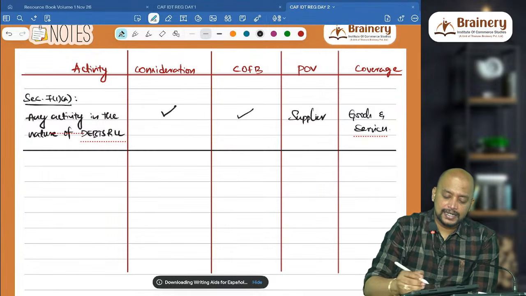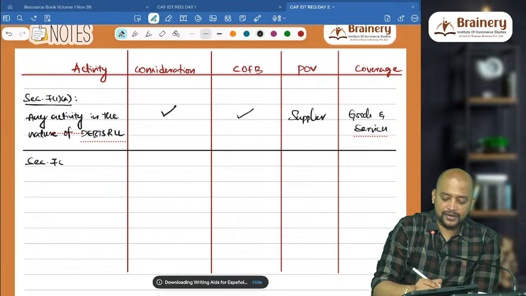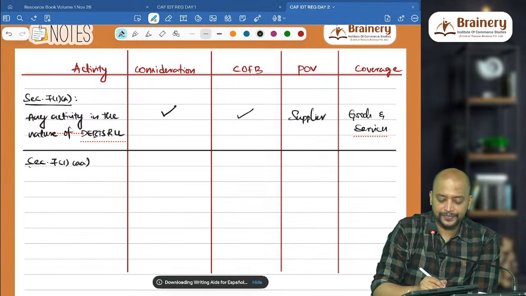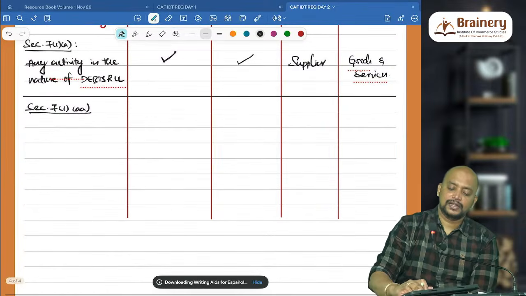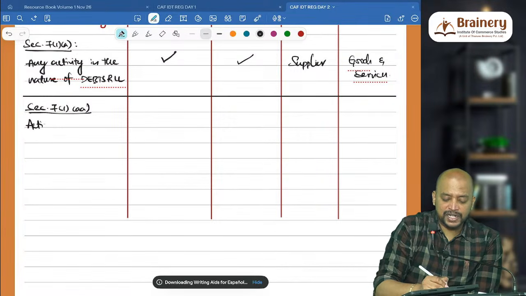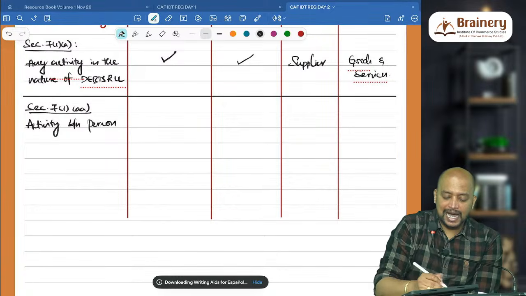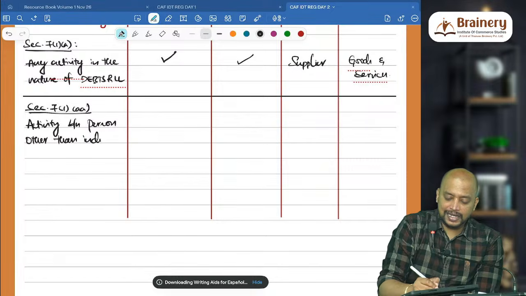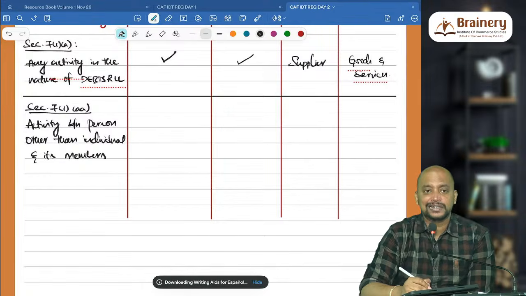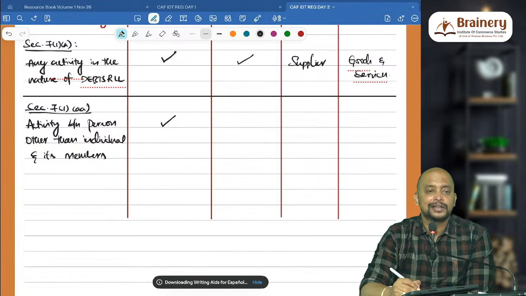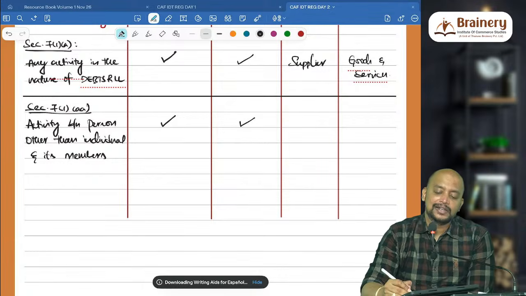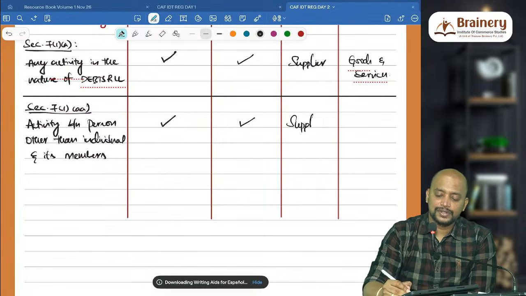Next, section 7.1aa. Activity between a person other than individual and its members. Consideration, yes. Course or furtherance of business, point of view, same.